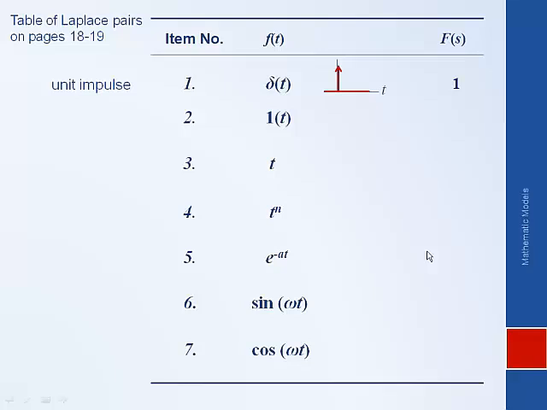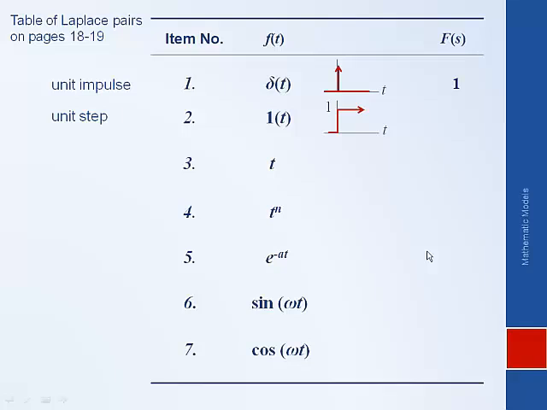Another important function that has special notation is the unit step. So the unit step is 0 for all time less than 0, and then at time equals 0, it steps up to a constant 1. So that's what this notation means. This 1 of t represents a unit step.